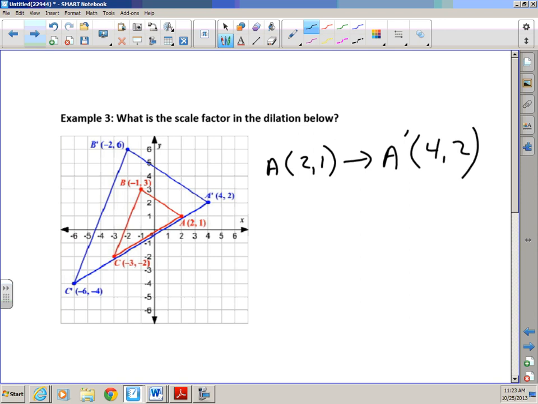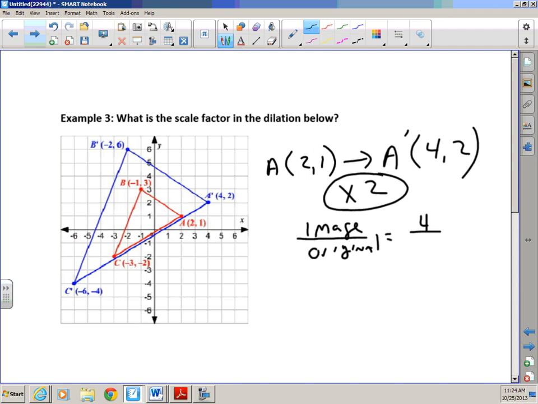How did I go from A to A prime? I multiplied by 2. So that's my scale factor, 2. The other way to look at it is the image to the original. The image is 4, while the original was 2, and that's another way to get the scale factor.